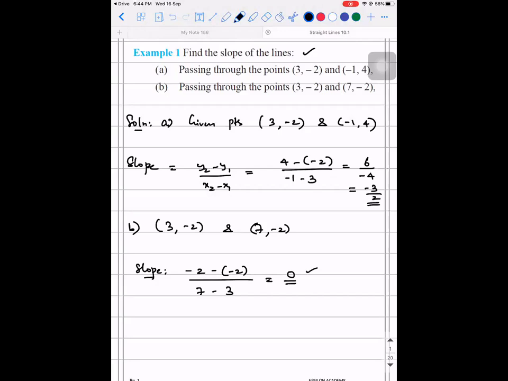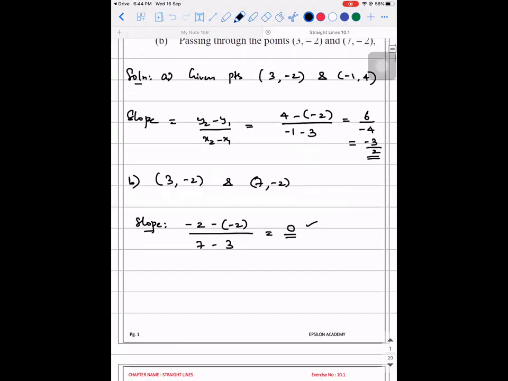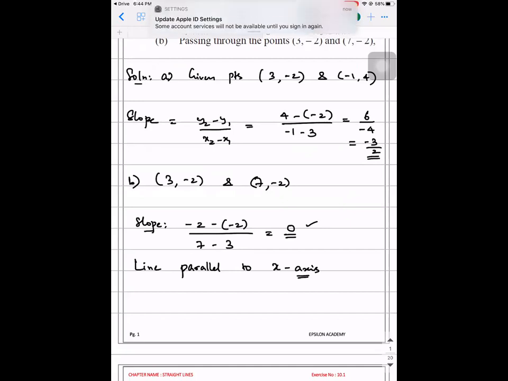So since the slope is 0, this will be a line parallel to whom? X-axis. See, I told you the x-axis itself has slope 0 and a line parallel to the x-axis also has slope 0, right? Why did I only say that this is a line parallel to the x-axis? Why can't it pass through the x-axis?